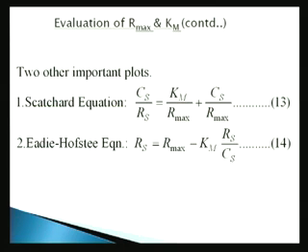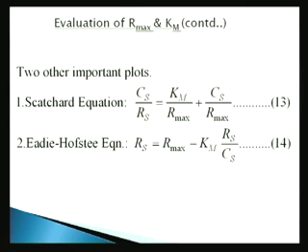So here what you have is Cs over Rs equals Km over Rmax plus Cs over Rmax in the Scatchard equation. So maybe one set of your data is available as Cs over Rs versus Cs. It's possible. We're not aware how you collect the data.